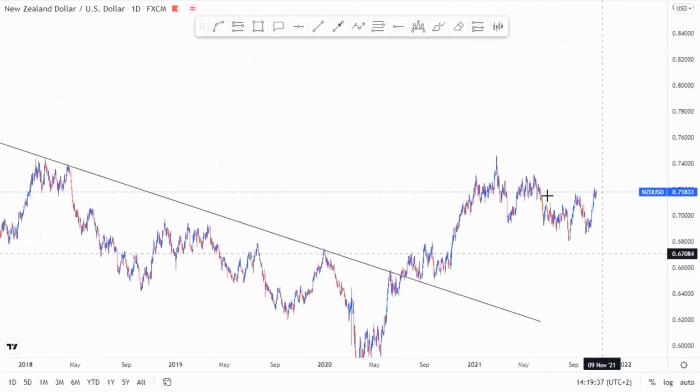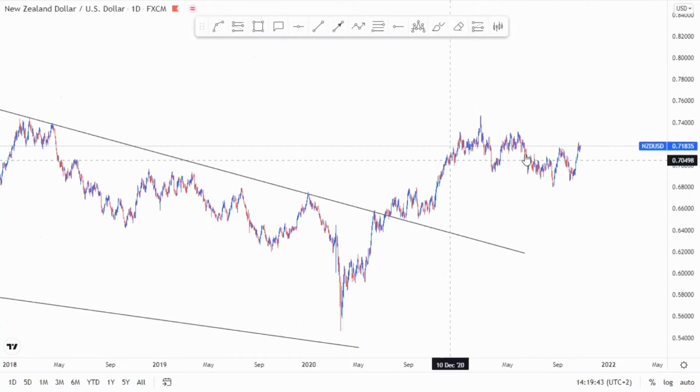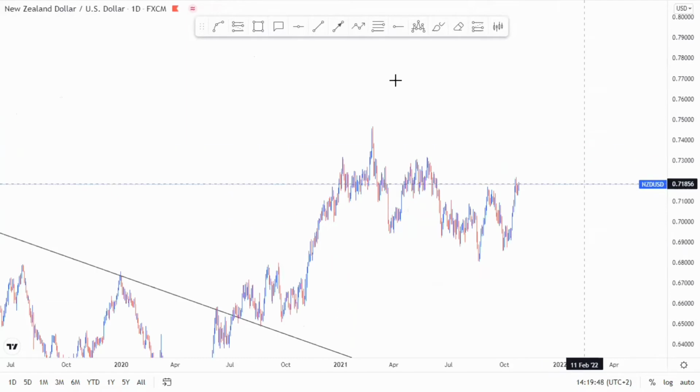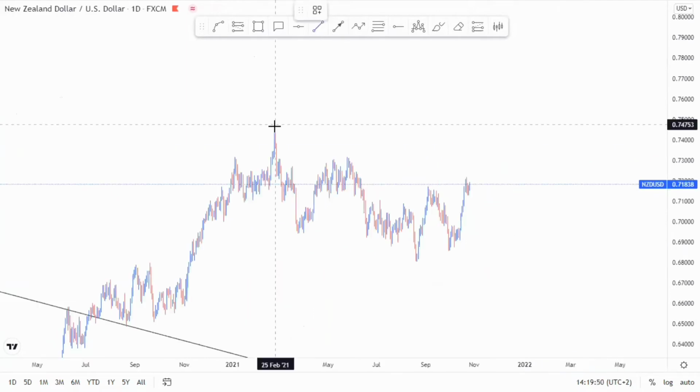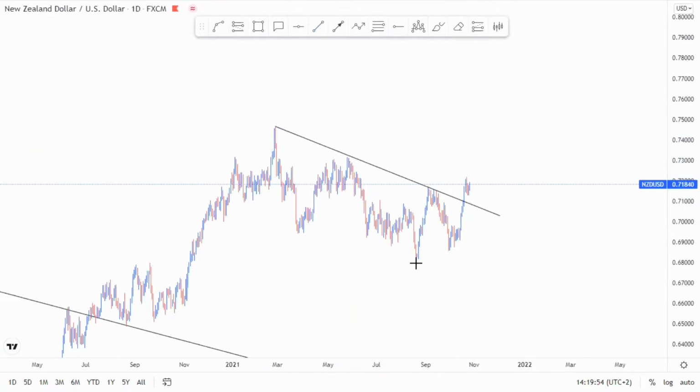So I'll be looking for continuation pattern over here. As you can see, this is an impulse. Now we're looking for correction, impulse, and I'll be looking for a continuation pattern in this correction. Something similar to this.